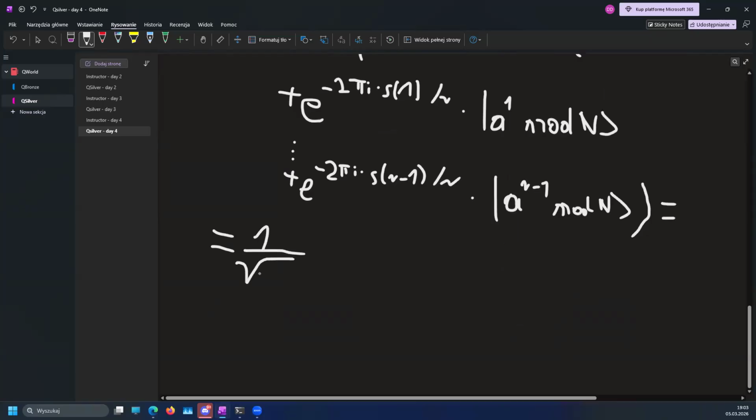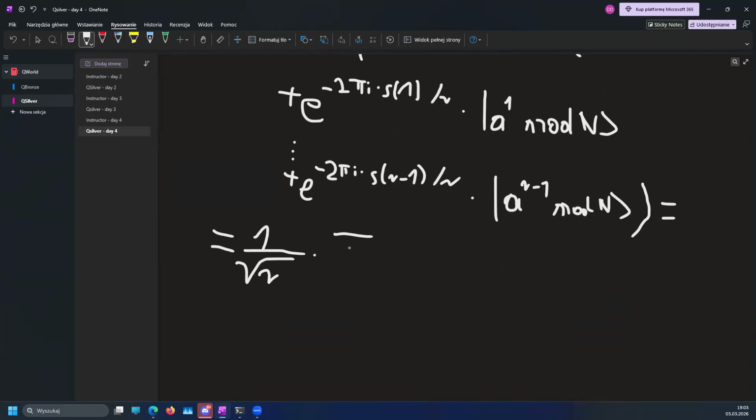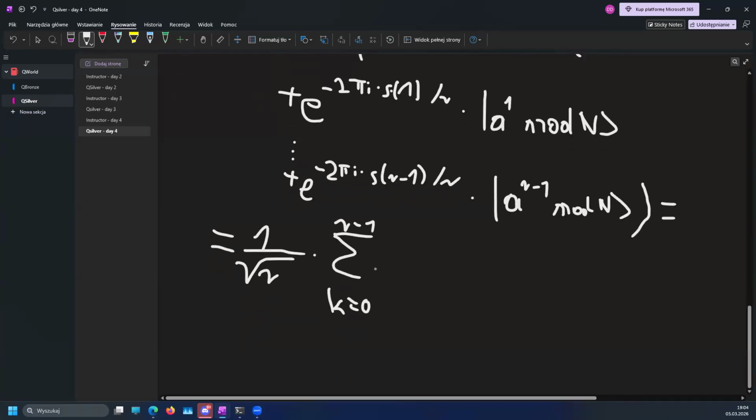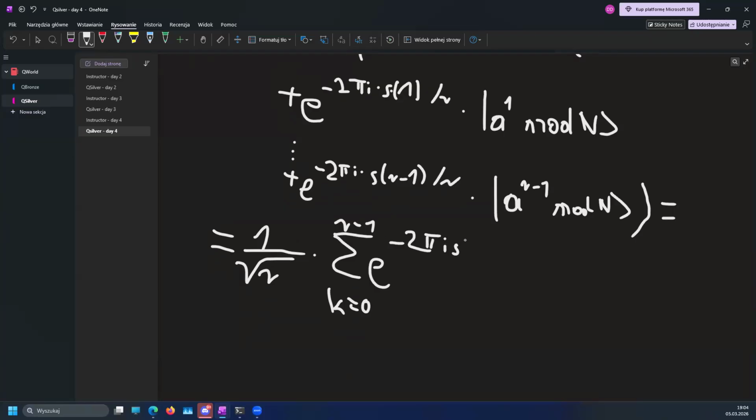So we have here this r, so we know that we have an equal superposition thanks to this. Let's write a sum sign, and let's use an index k ranging from 0 to r minus 1, where we can simply now write e to the power of minus 2 pi i s k divided by r, and this state a to the power of k modulo n.